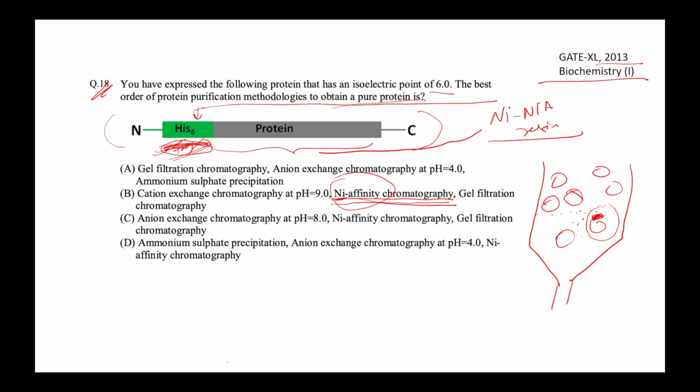Nickel will bind only to histidine. Once the binding happens, the non-bound proteins come out, and only the histidine-tagged protein remains bound with the resin.